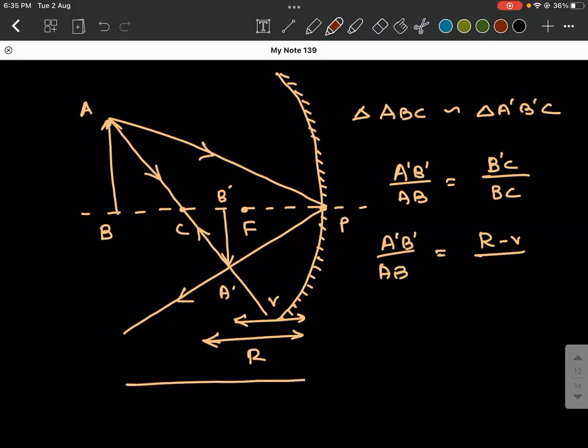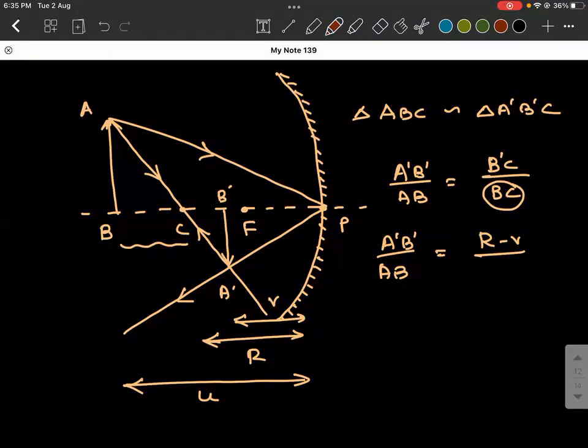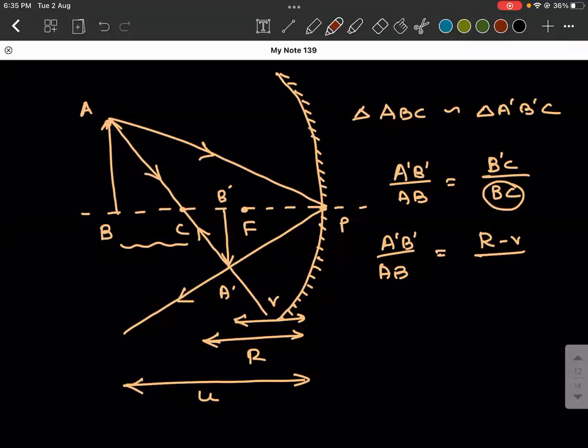This is U. So how much is it? Observe BC. BC is this distance. See, what is BC? BC is BP minus CP.